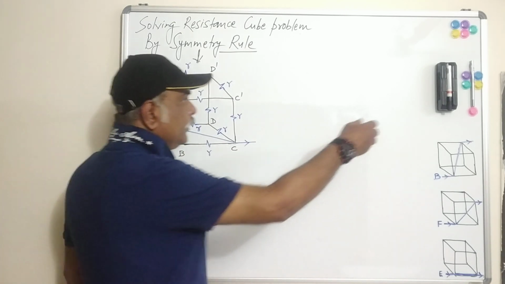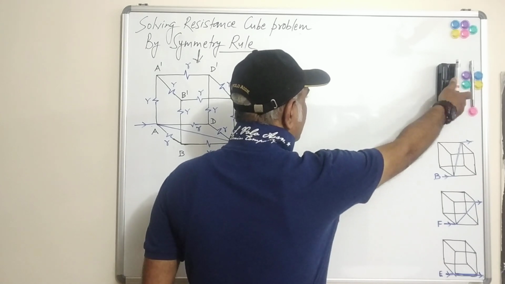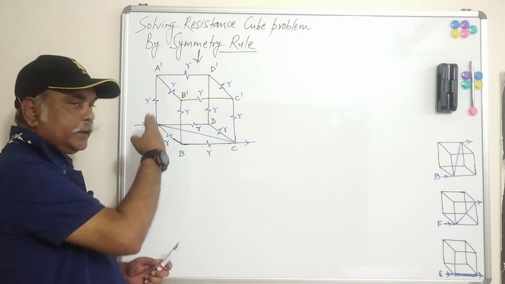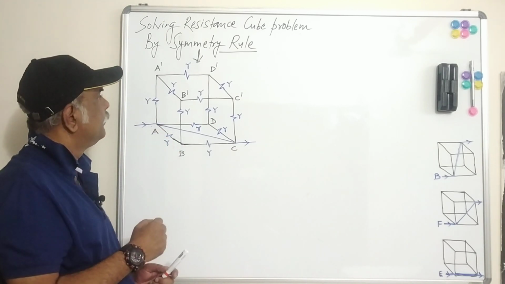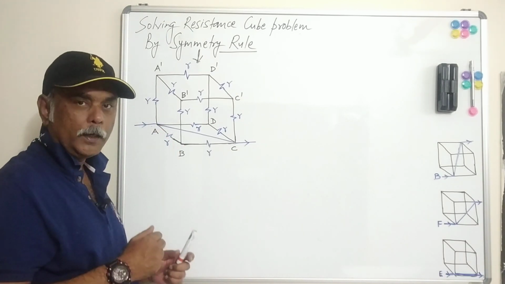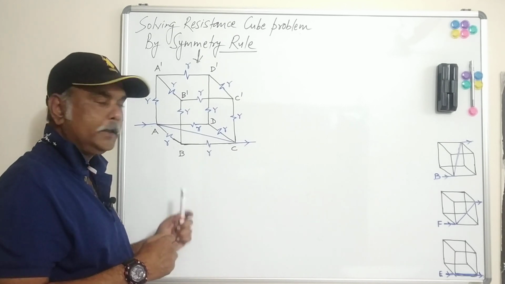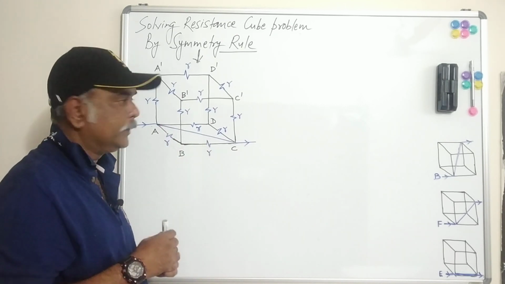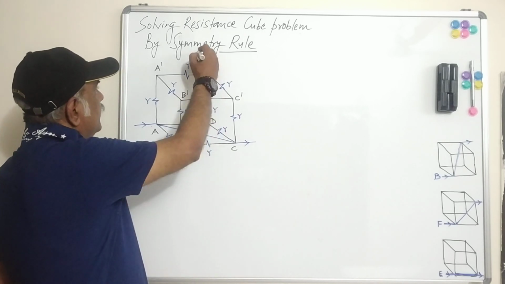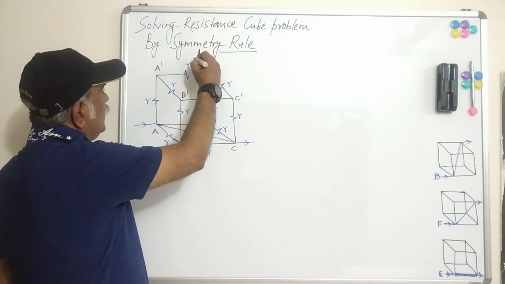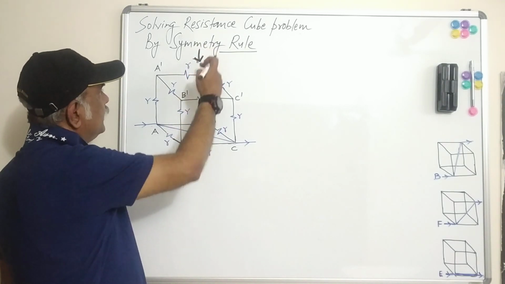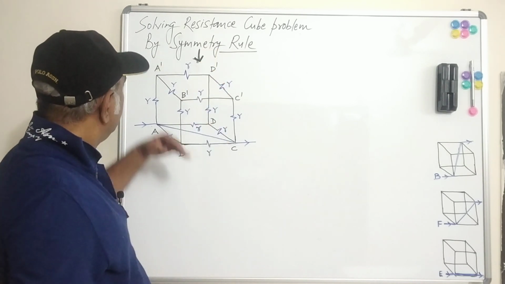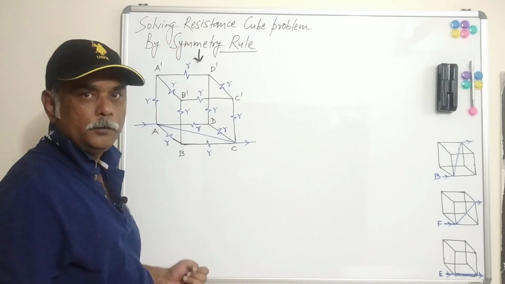Now, have a careful look at the diagram. This is a three-dimensional diagram. What I am going to do is try and convert it into a two-dimensional diagram. Now try to think that you are looking at this cube from the top, or you want to draw the top view.